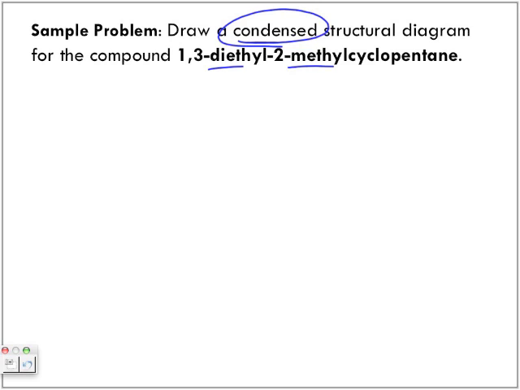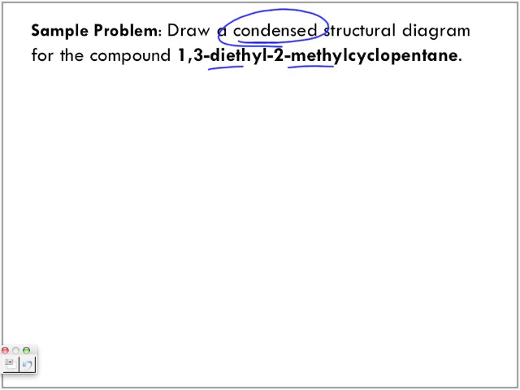The ring is okay if you draw it as a line structure, just the straight lines. But for the branches, you must show the carbons, the carbon bonds, and how many hydrogens are associated with each one of those carbons. So take a moment, try drawing this one out, use the rules, and see if you get the same answer as I do.